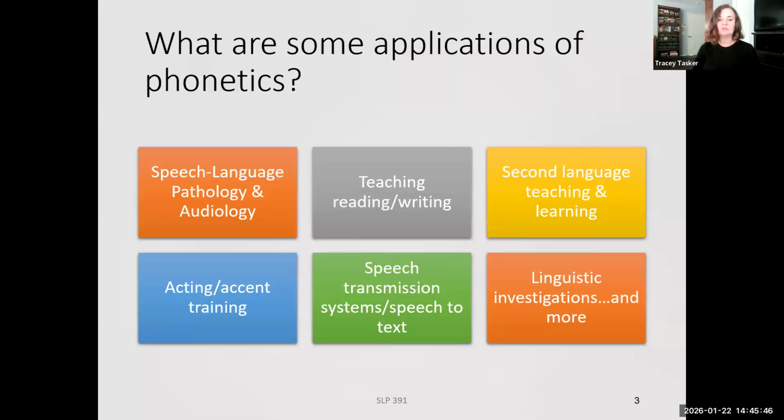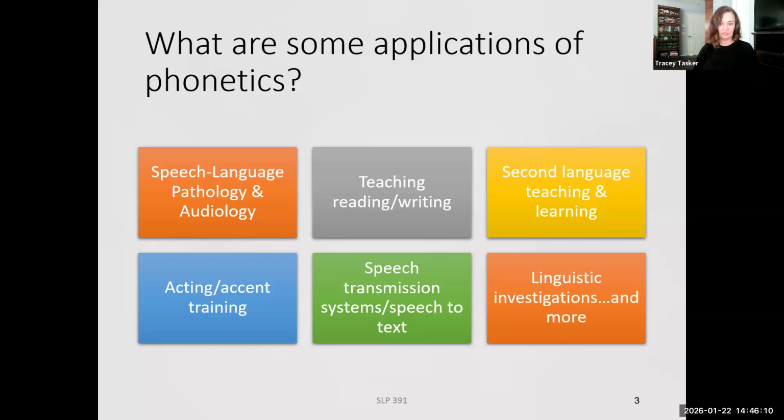Okay, so why is it important for us to learn about phonetics? How is it used in the real world? Well, if you're going into speech pathology as a career or going into audiology, it's important because we use phonetics to transcribe a person's productions.